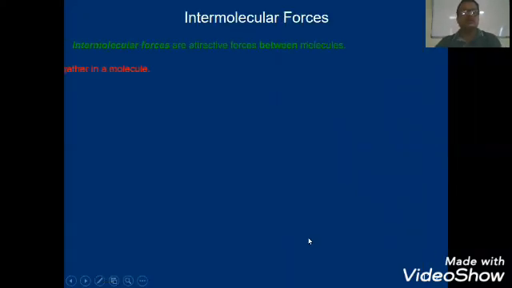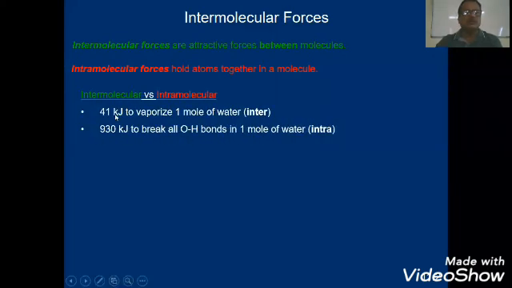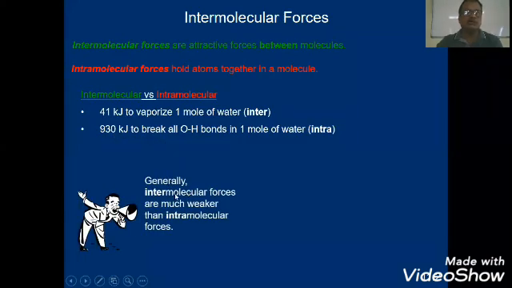So these are the different intermolecular forces. For example, to vaporize 1 mole of water, you need 41 kilojoule of energy. Whereas to break all the OH bonds in 1 mole of water, you need 930 kilojoule. So from this, we find that intermolecular forces are much weaker than intramolecular forces.